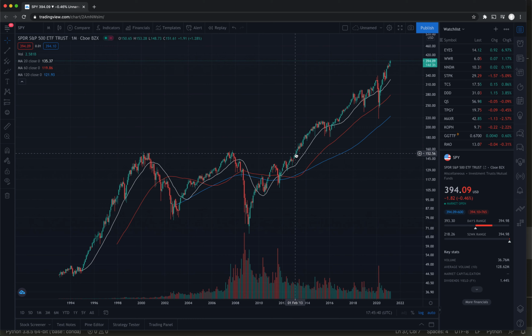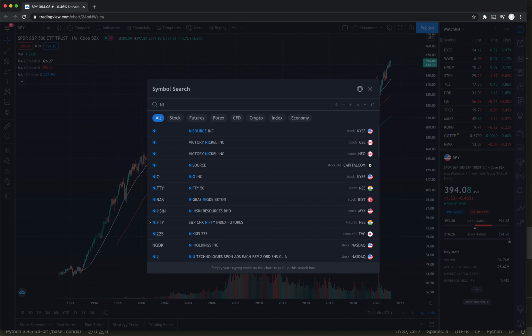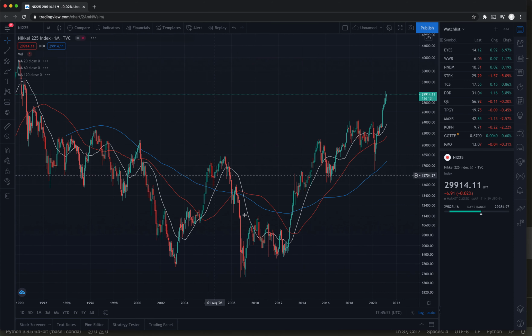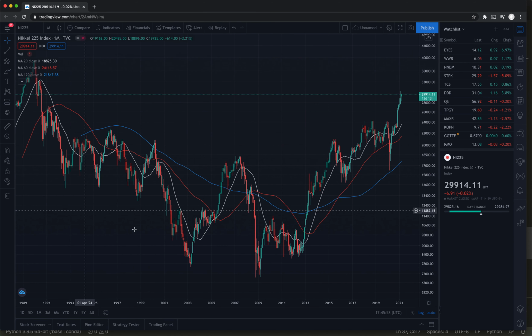Suppose you look at the same period of time for Japan. That's the Nikkei 225, the equivalent of SPY, but for Japan. In the year 2000, it's around this period, around this peak.